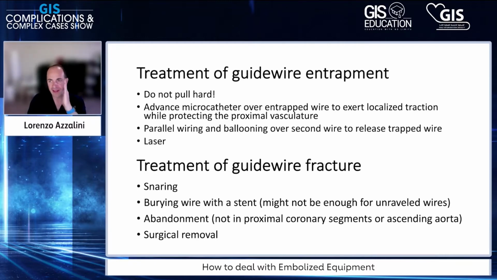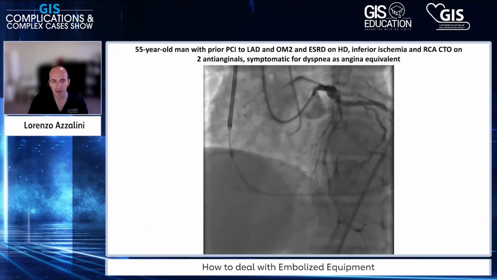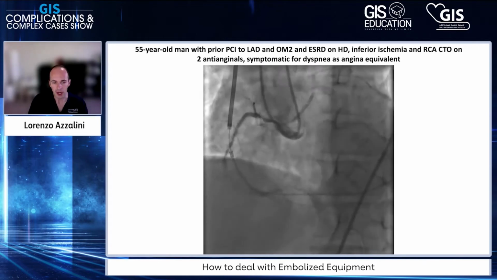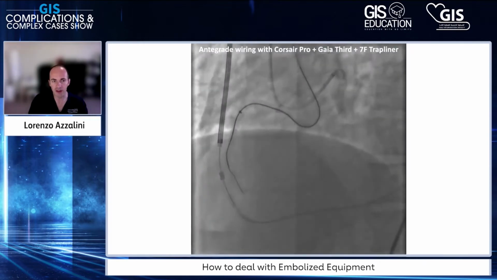If it's a net cut in the wire and we are in distal vessel, we can even just abandon it just like that without doing anything. Or in extreme cases, especially if there is a lot of filament hanging on in the aorta, we should proceed with surgery for removal.